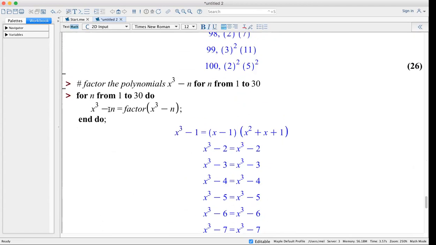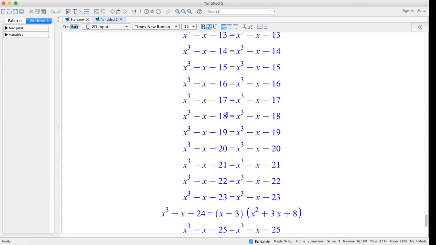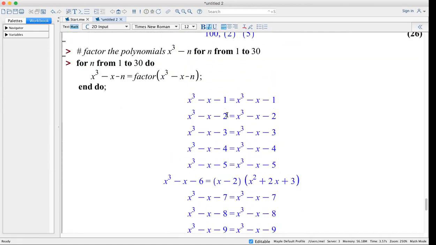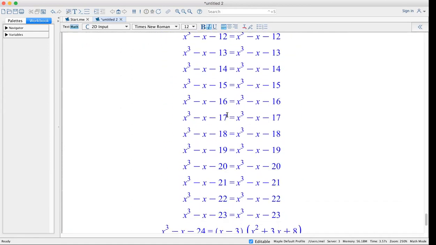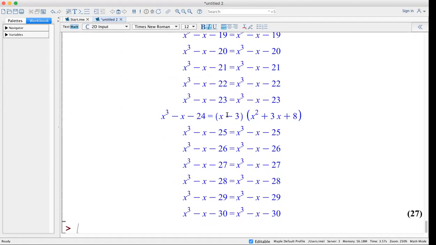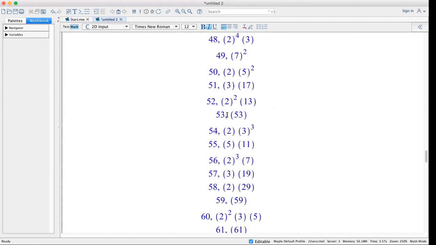Let me make it more interesting. Maybe x squared minus n, or minus x minus n. A few of them factor, but not most of them.